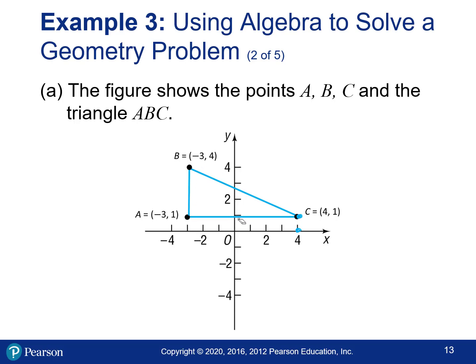It looks like a right triangle, but we have to verify it mathematically. We can't just say, oh yeah, because it looks like it is. So we have our drawing there.